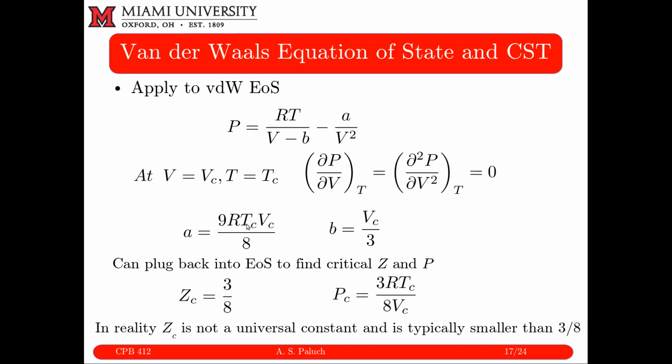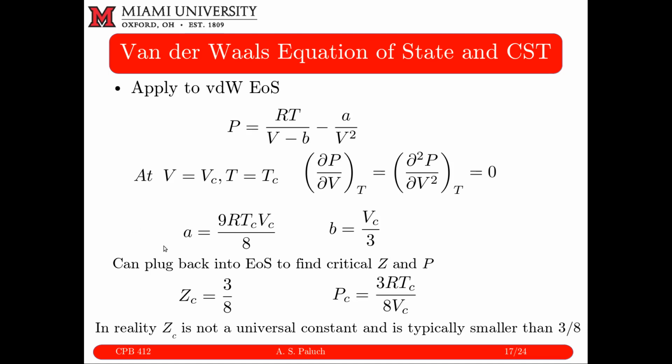If I know my critical parameters, which are typically tabulated, that's sufficient to calculate A and B, which can then be used to calculate any PVT behavior that I could possibly want for that fluid. Even in Chapter 5, we'll see how we can calculate other things. So knowing just critical properties allows me to calculate essentially everything I could want to know about a given fluid. Cool.